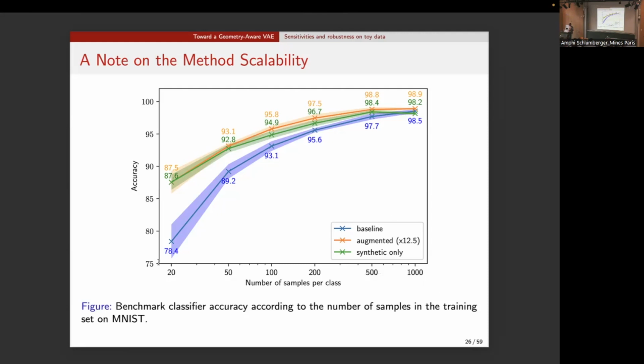No. When you don't have enough data, you really increase the classifier performance. But if you have enough data, if the information is there, you don't produce weird information at the end. So you really get what is in the data and no more. Right, this is what happens here.